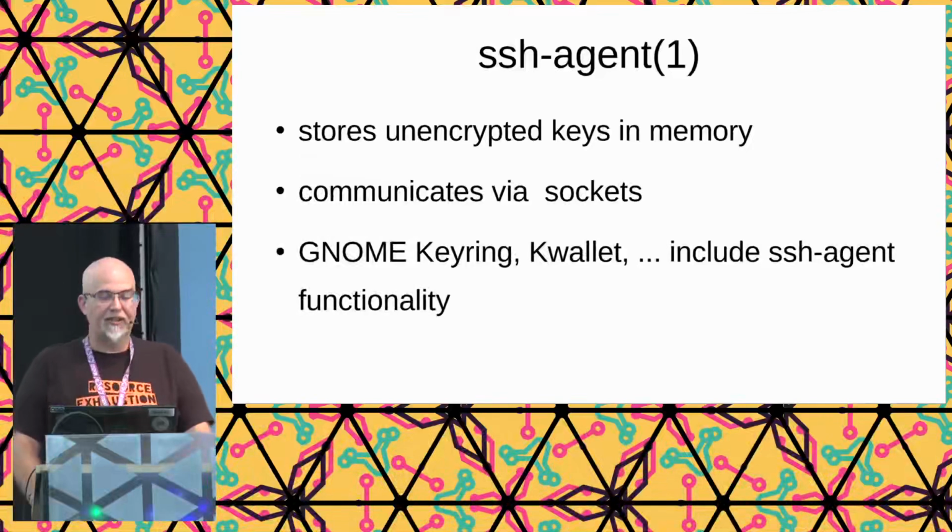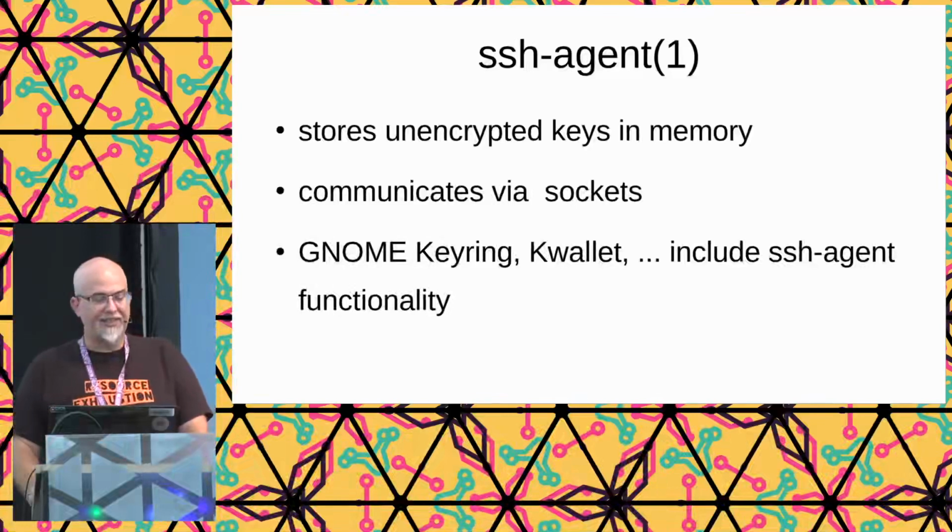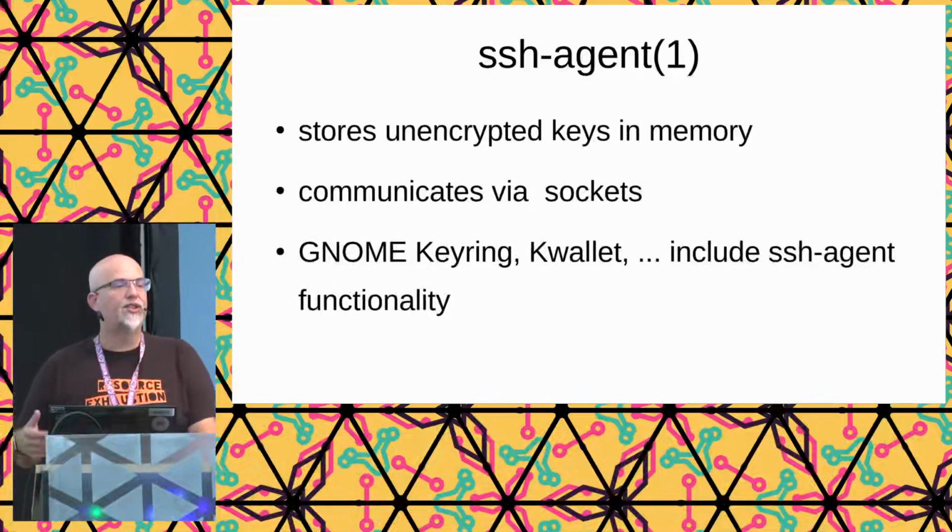If you're using a graphical user interface, if you're using GNOME Keyring or KWallet, or if you're using a Mac, the SSH agent functionality is usually incorporated into these tools.